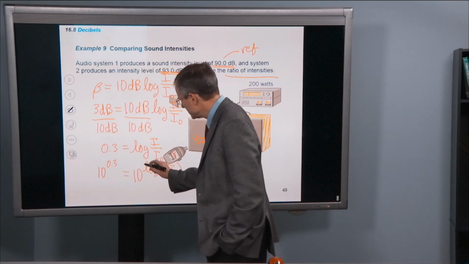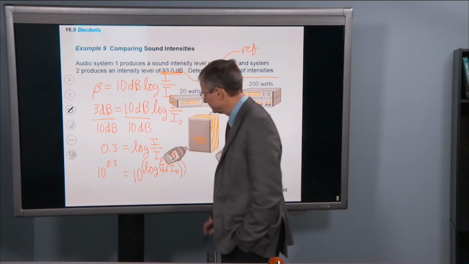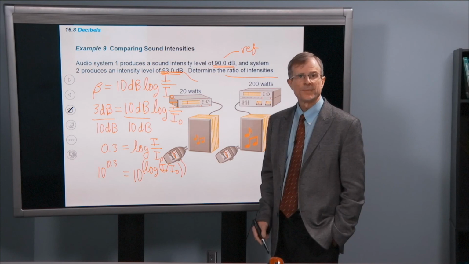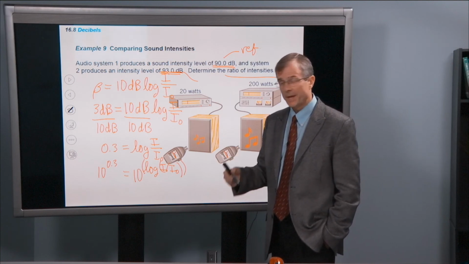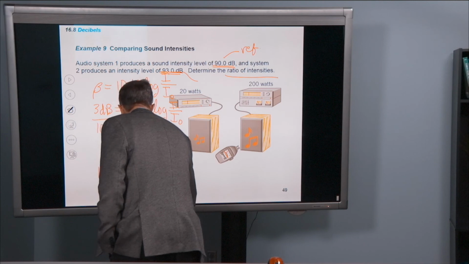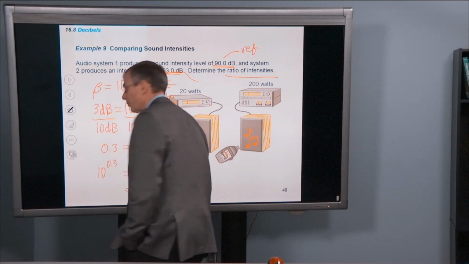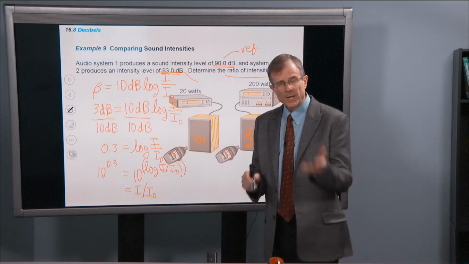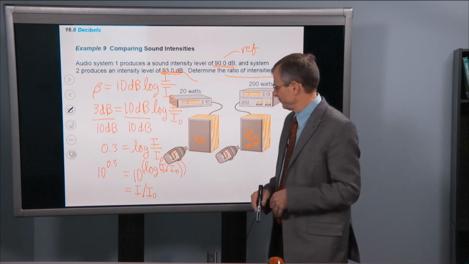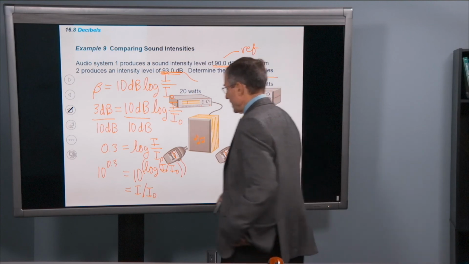That's 10 raised to this whole power here. But 10 raised to the log of something is just equal to that thing. It's a property of the logarithm: 10 raised to a power is the inverse of the logarithm. All right, and so that is actually the answer.